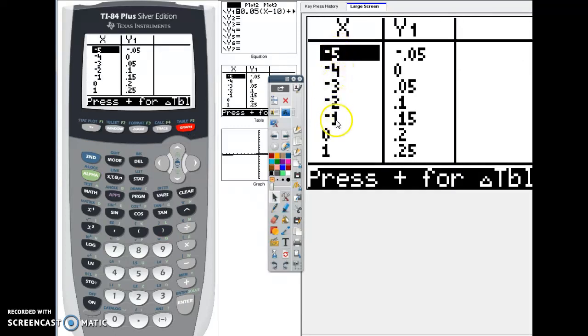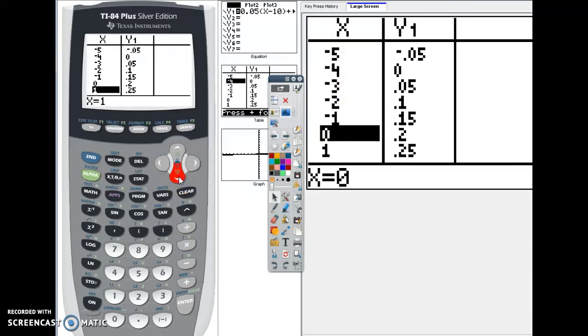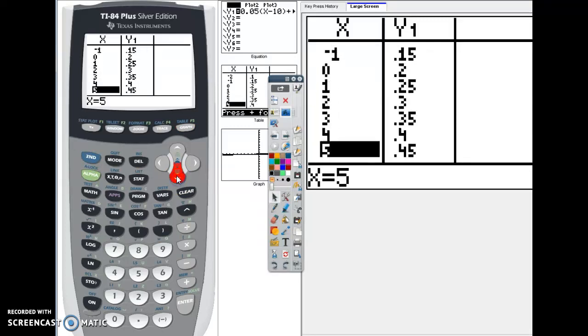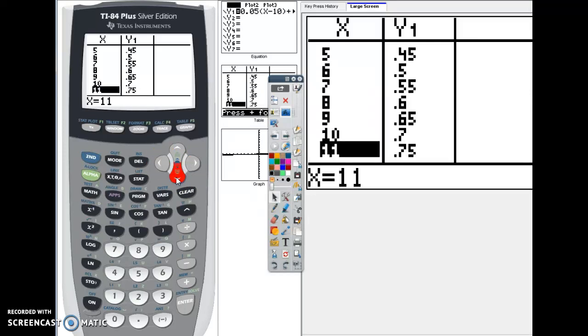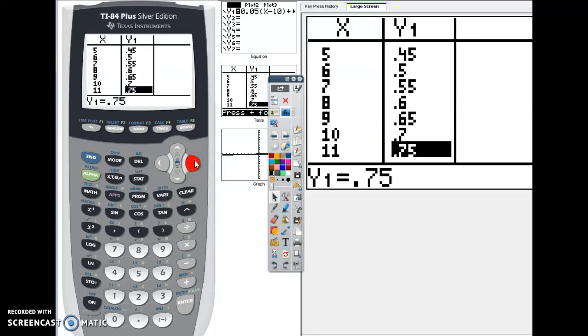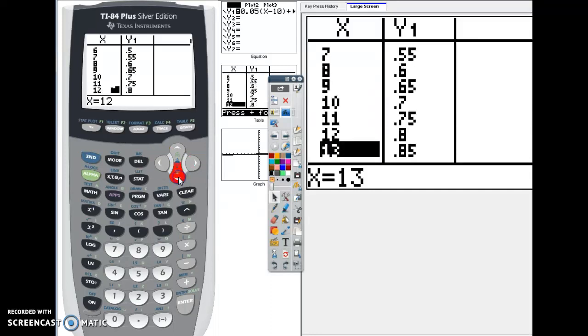And I don't care about the negative numbers because we're not making negative copies. So we're going to start with the first 10 copies. How much was I supposed to pay for 10 copies? Does that say that 10 copies costs 70 cents? Yes. And every copy after that should be going up by 5 cents. Okay? 90 cents, 95 cents, $1, $1.05, $1.10, $1.15, and so forth and so on.